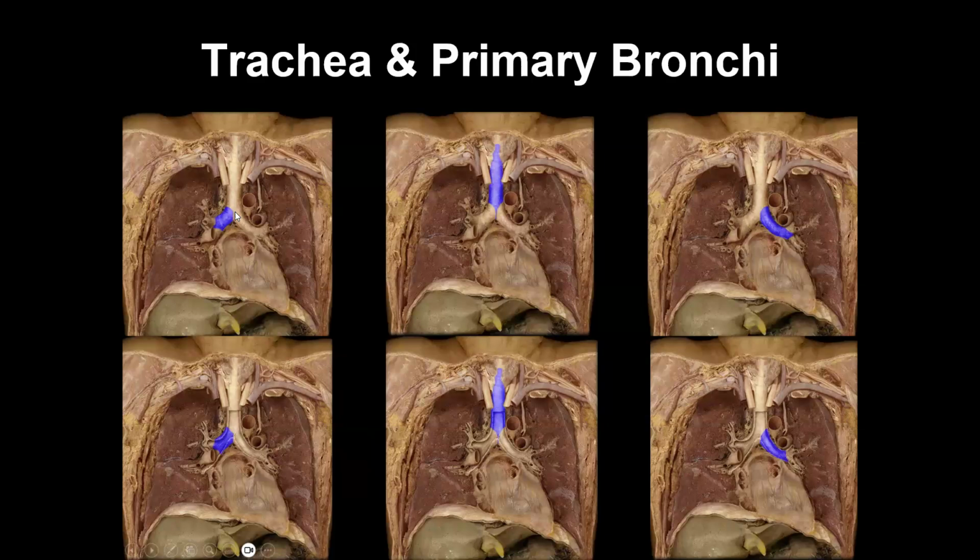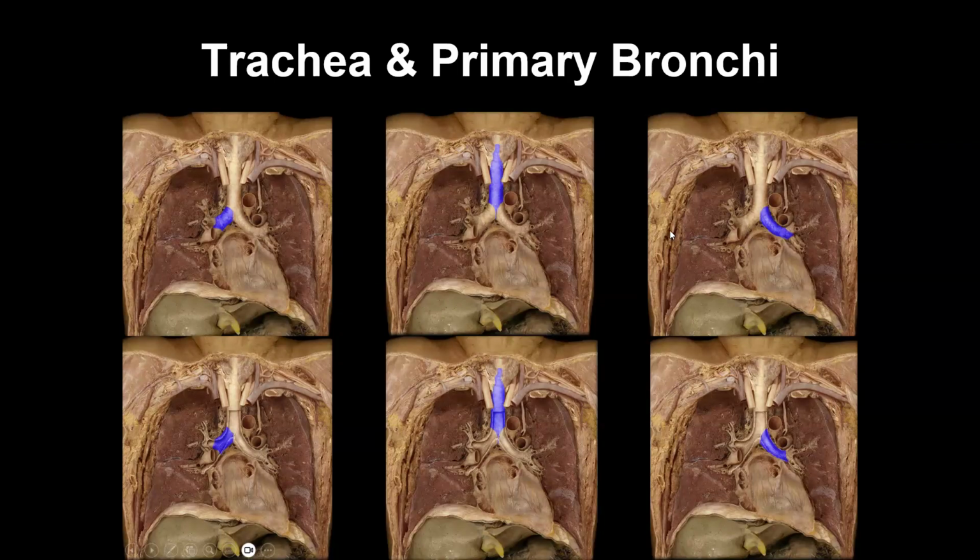As the trachea moves air down, it then splits in two. The first two regions right here are called the primary bronchi. The left primary bronchus is going to separate first, and then the right. Why? Because of the presence of the heart. Because of the heart, the left lung only has two lobes.